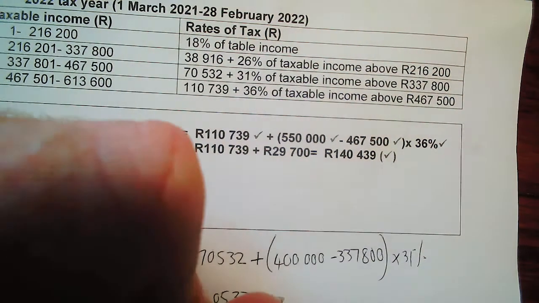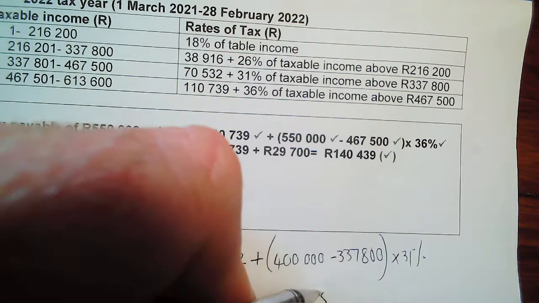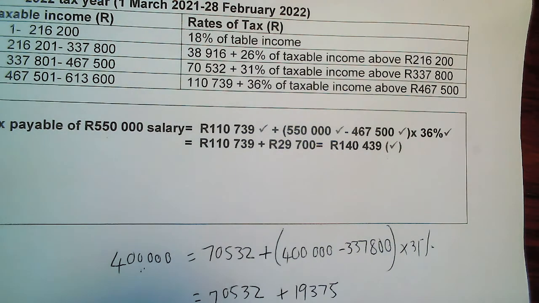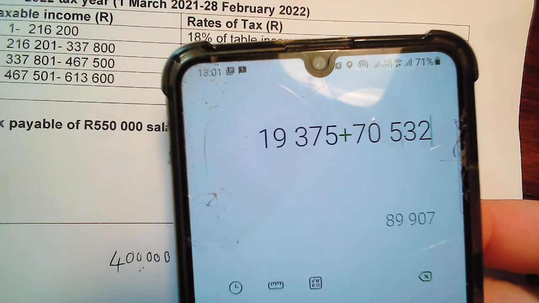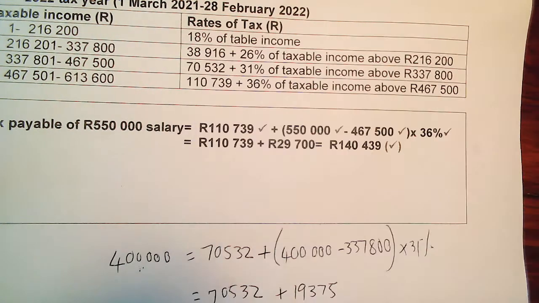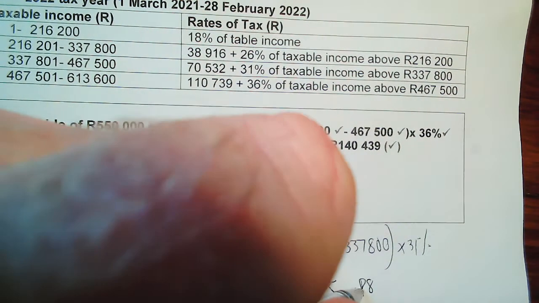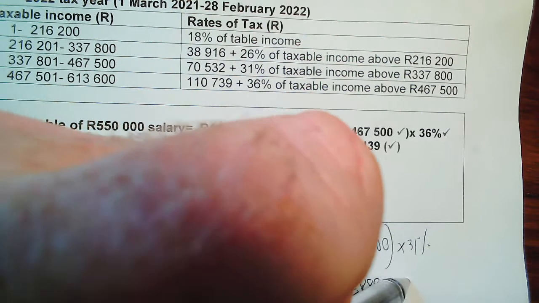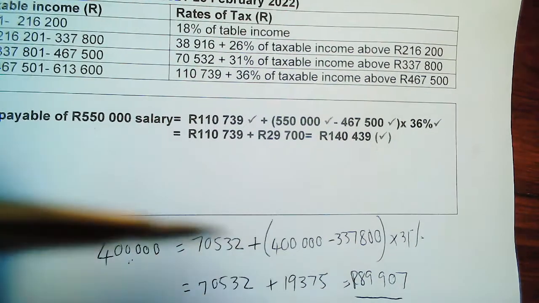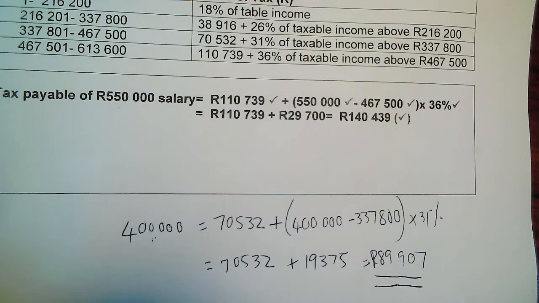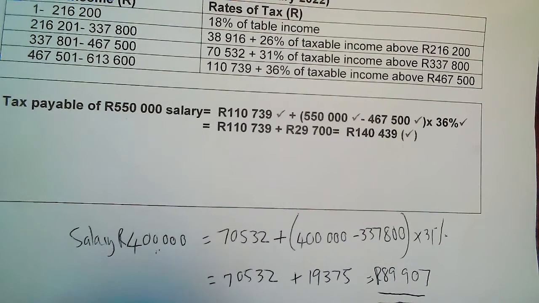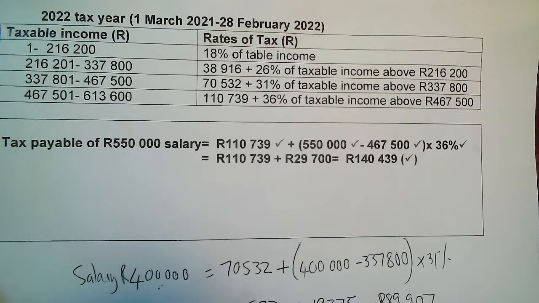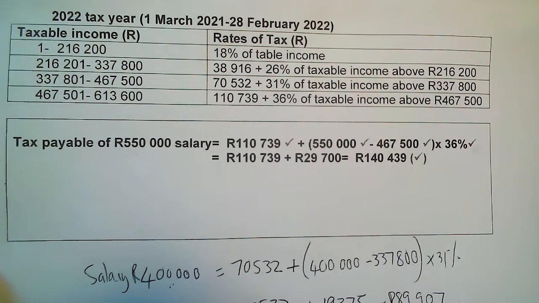Okay, so I'm going to add 19,375 plus the 70,532, like that, and then I get 89,907. That's the amount of tax that I will pay on a salary of 400,000 Rand. Okay, so that's two examples using the tax scale to work out your tax.